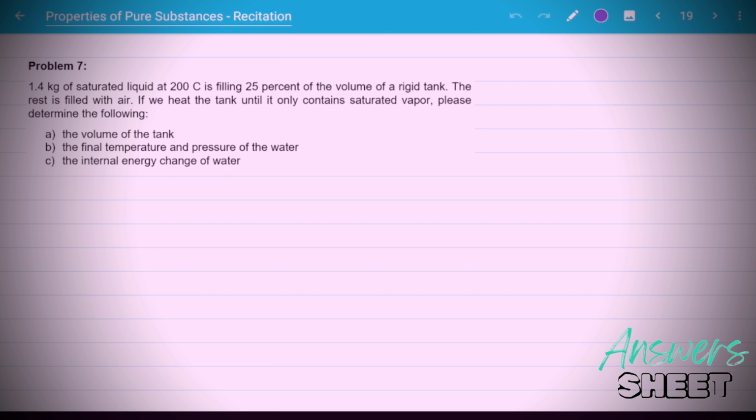So let's start with drawing a schematic of our problem. So this is our rigid tank, and a quarter of it initially is filled with saturated liquid, right? 1.4 kilograms, and the temperature initially is 200.